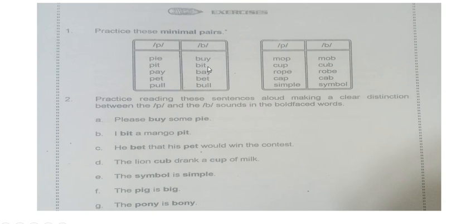Pit, bit. Pay, bay. Pet, bet. Pull, bull. Mop, mob. Cup, cub. Rope, robe. Cap, cab. Simple, symbol. So practice these minimal pairs.